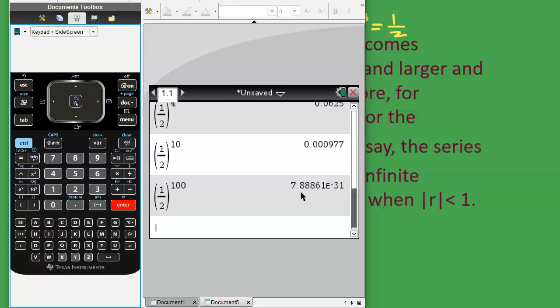It is 7.88861 times 10 to the power of -31. See, can you imagine how small this number is? Okay, so as you are moving, let me take 1000 and show you.